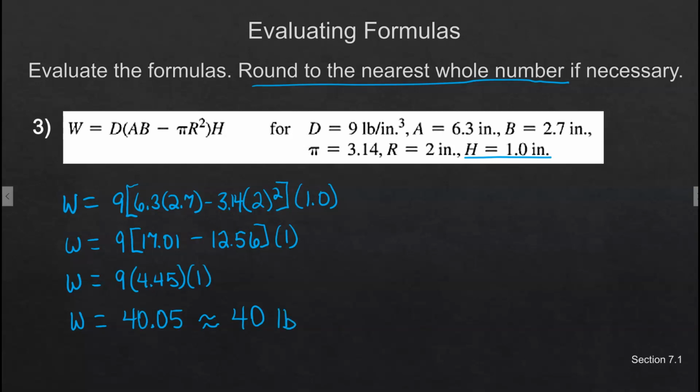But how did I determine that that was pounds? That is a little bit tricky. So if you look at this, we were multiplying inches times inches. And then 2 squared would also be inches by inch, right? Inches squared. And then when we subtract, we still have inches squared. So this is inches squared. So basically we had 9 pounds per cubic inch.